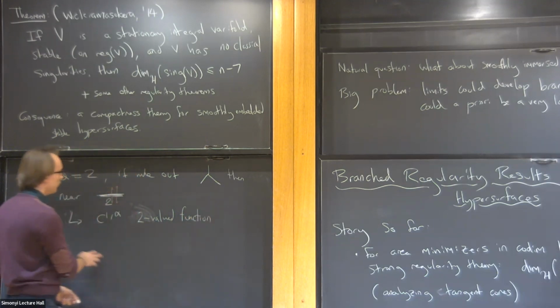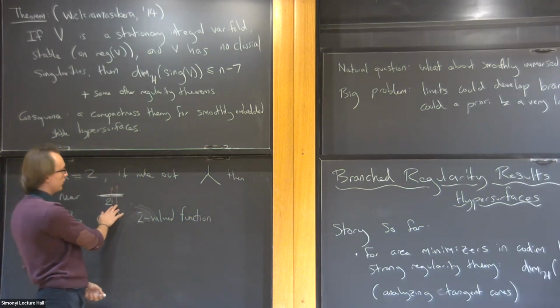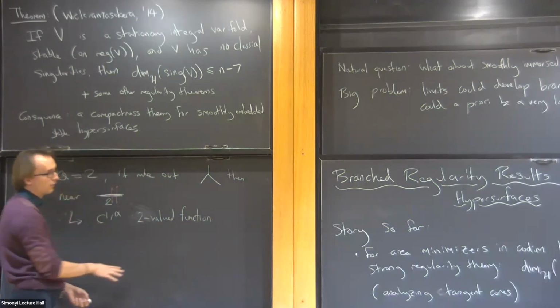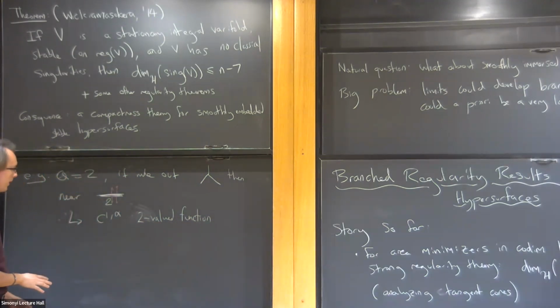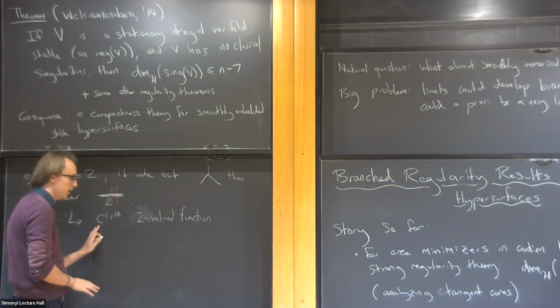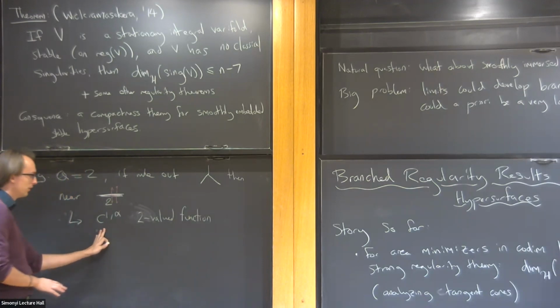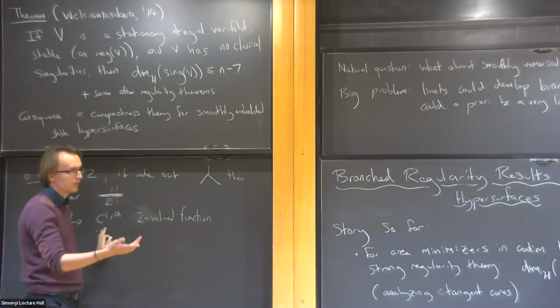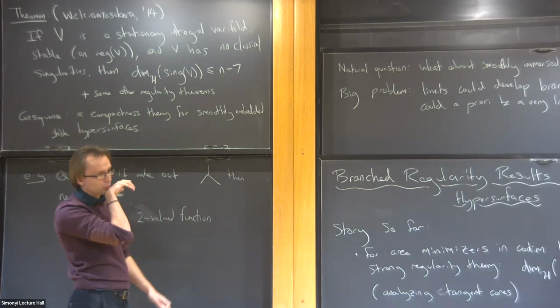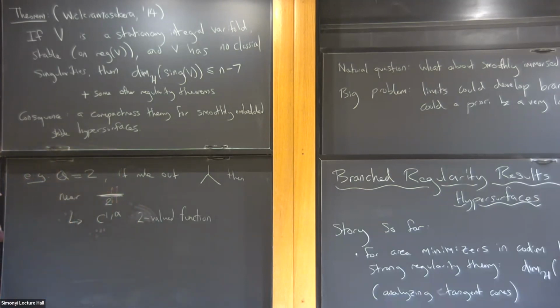So when Q is 2, you actually get that over the multiplicity 2 plane, it's a 2-valued C1-alpha function. And we know Leon and Neshan proved first that it's codimension 2, and more recently, Neshan and Brian Krummel proved that it's also (n-2)-rectifiable.